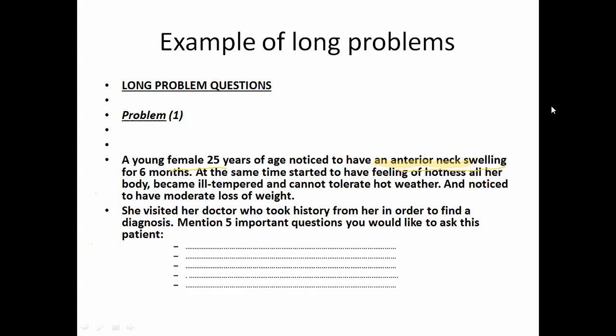And there is a change of the eyes. The eyes may appear prominent.